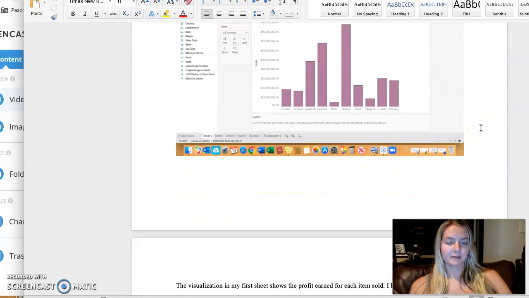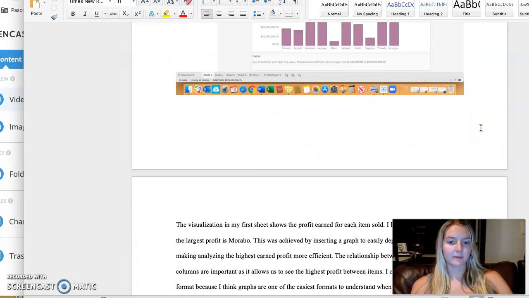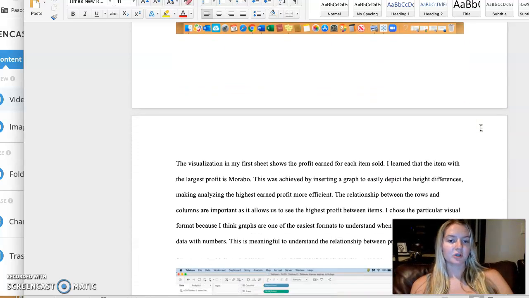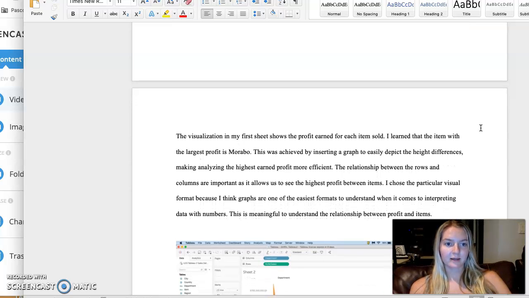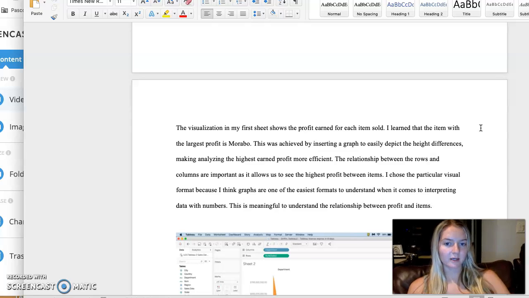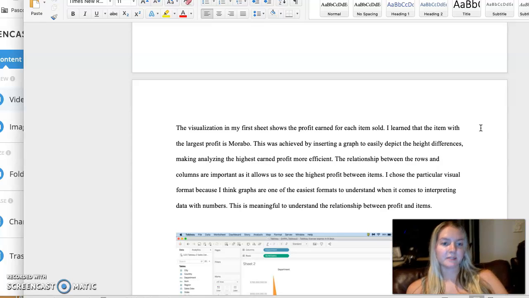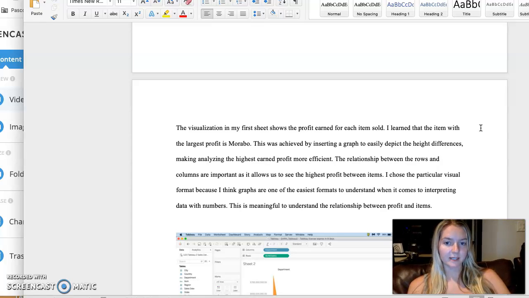So this is my first visualization in my first sheet. This shows the profit earned for each item sold, and I learned that the item with the largest profit is Marabo. This was achieved by inserting a graph to easily depict the height differences, making analyzing the highest earned profit more efficient.